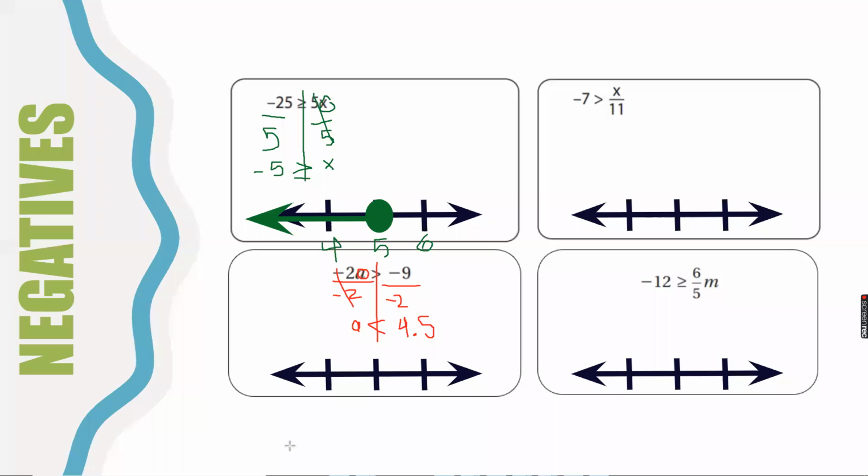Now I'm going to go ahead and graph. I know that it's going to be an open circle because the inequality does not have a line underneath. So it is an open circle at 4.5. I'm going to go lower, and I'm going to go bigger.